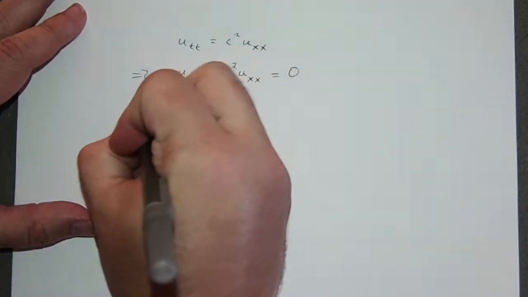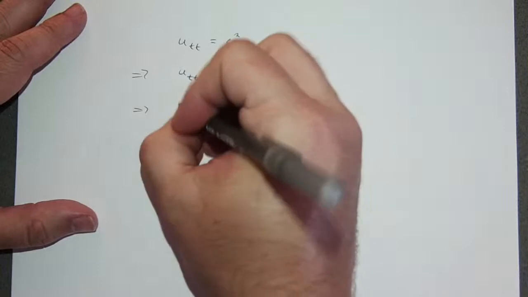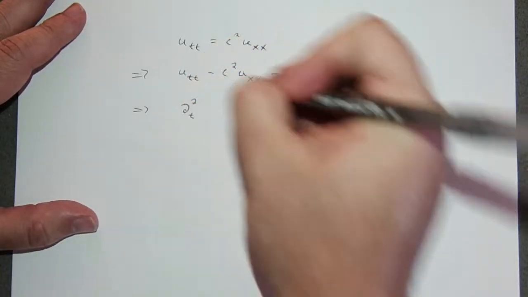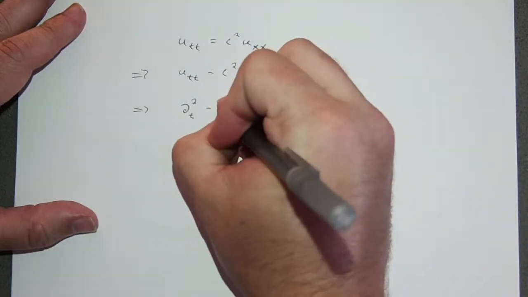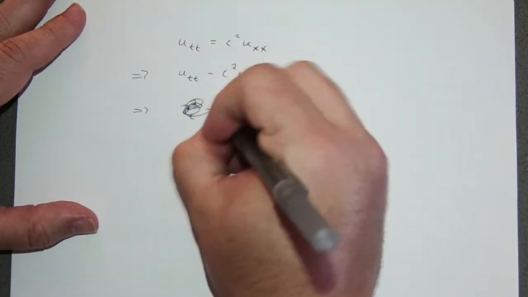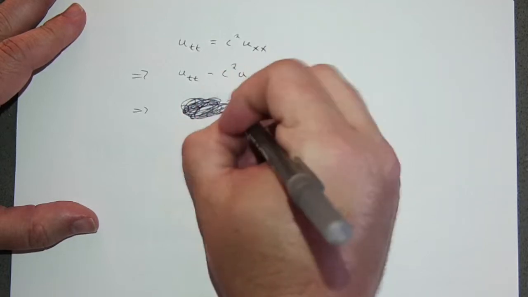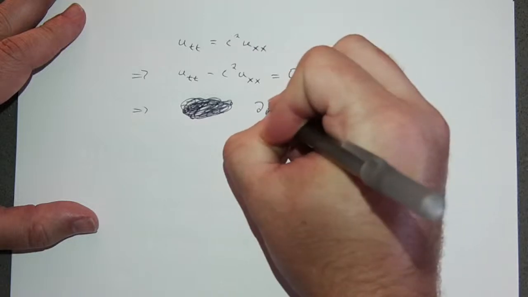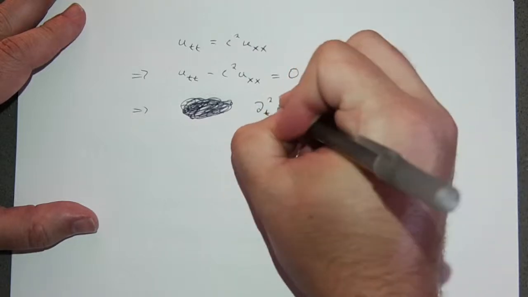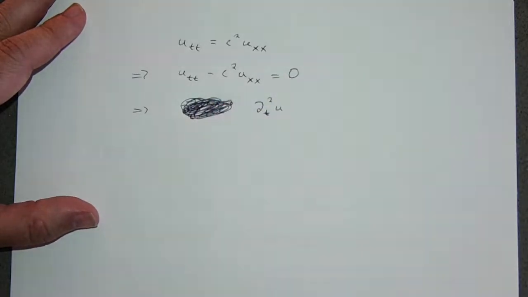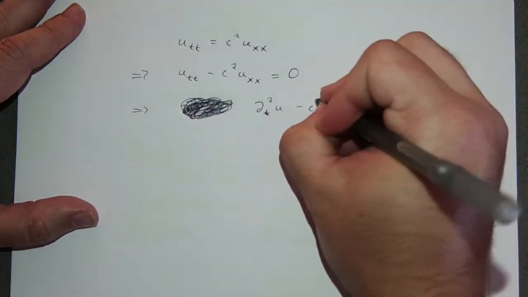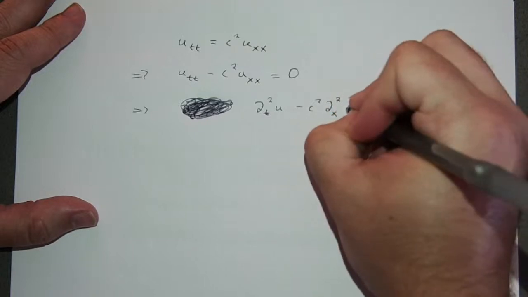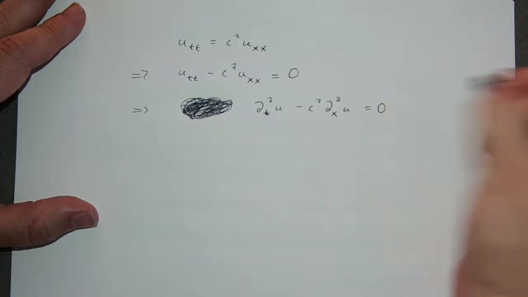So I'm going to rewrite this as del sub t squared of u. That's what I mean by that. Minus c squared del sub x squared u is equal to 0.